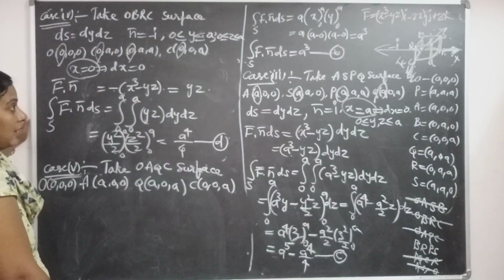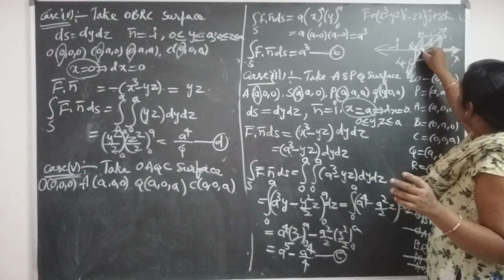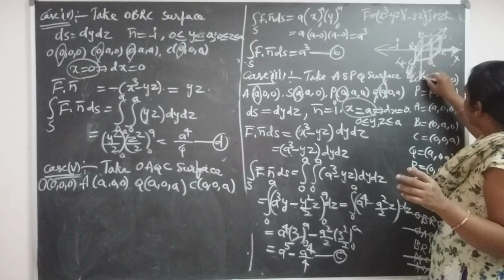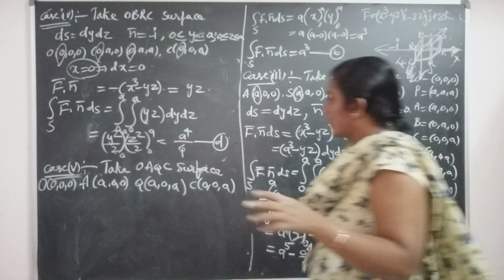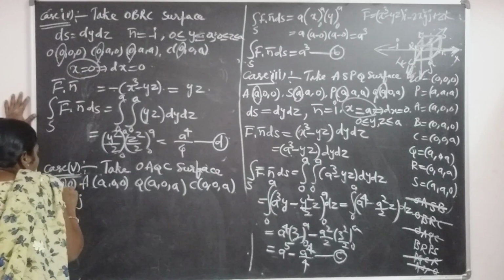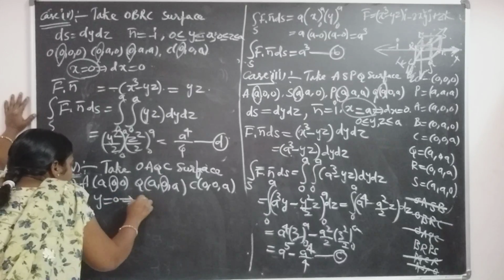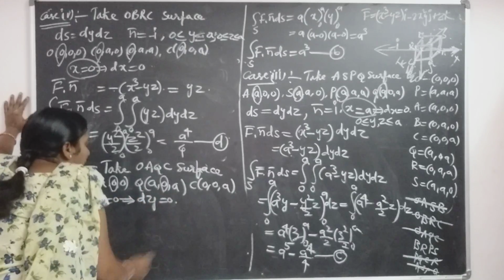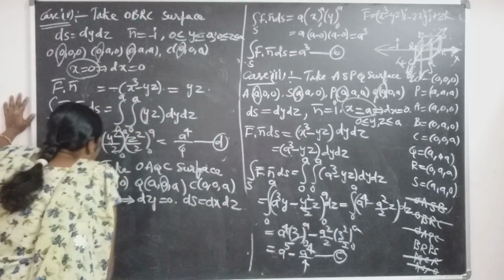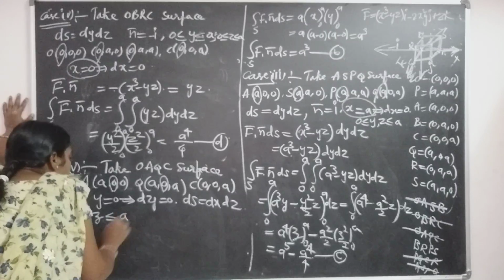In this, it is the down surface. The outward normal vector is opposite of the y-axis, that is minus j. Here n vector is minus j. In all, y coordinates are 0, so y equal to 0, then dy equal to 0. dS is, it is in the xz plane, dx dz. The limits for x and z are 0 to a.